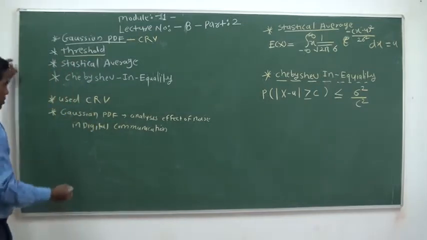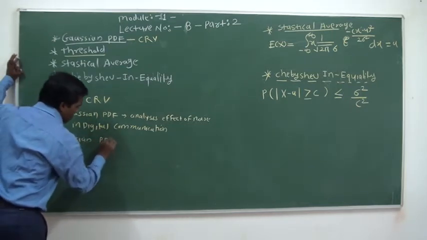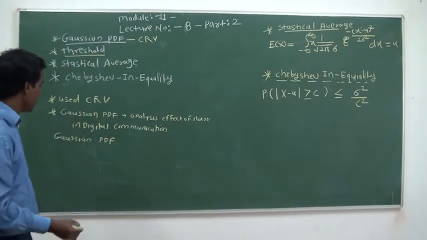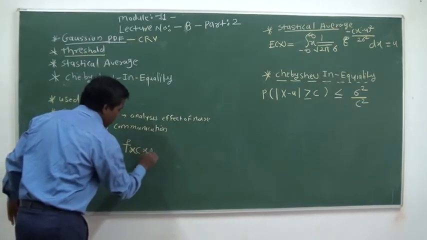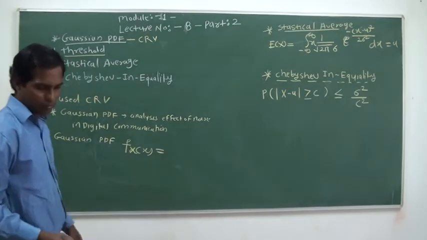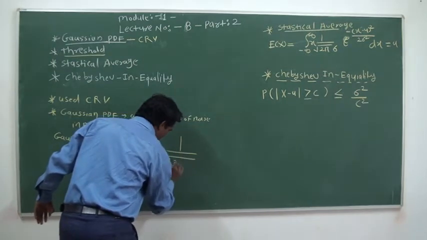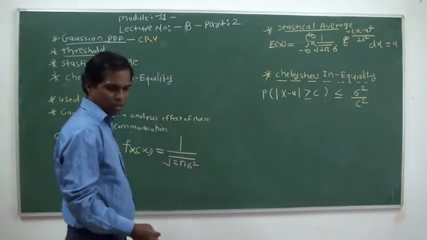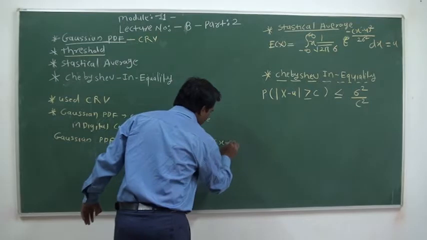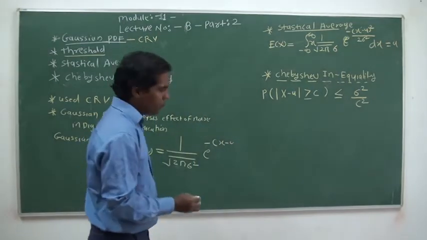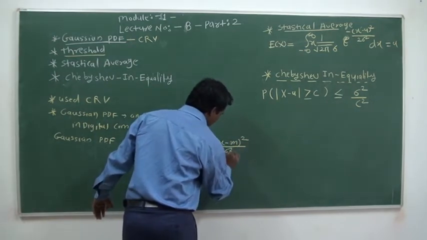So, the Gaussian PDF is given for a continuous random variable, that is CRV, as f of x equals 1 upon under root 2 pi sigma square, e raised to power minus x minus m whole bracket square divided by 2 sigma square.